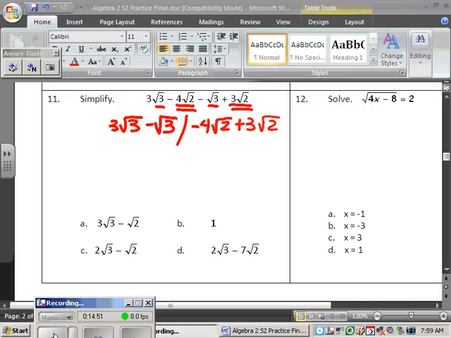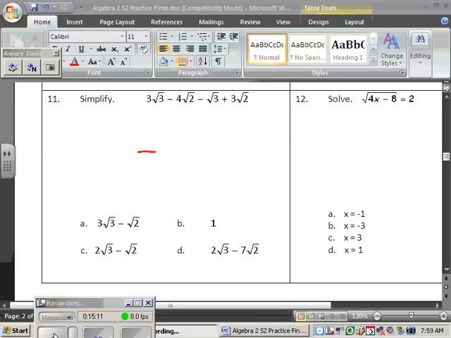Now in our first set that we're going to subtract or add together, we're going to put a 1 there because, just like an x, if you have an x and there's no number in front, that means there's a 1. The same with a radical. If there's nothing in front, it means there's a 1. So what we're going to do is subtract the numbers in front of the radicals. 3 minus 1 is 2. And then just drop down our radical.